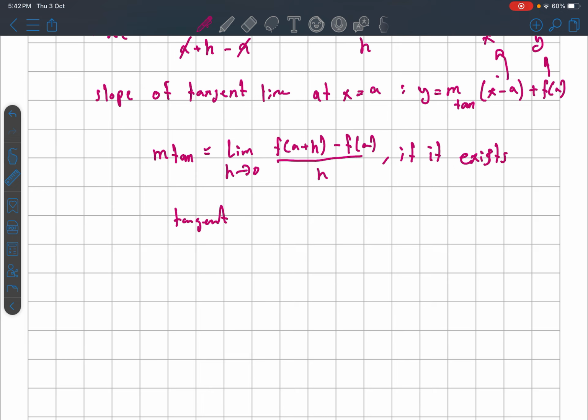And the tangent line at x approaching a is y equal m tan times (x minus a) plus f(a).